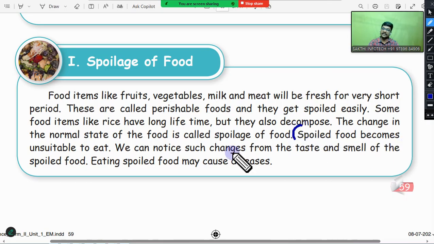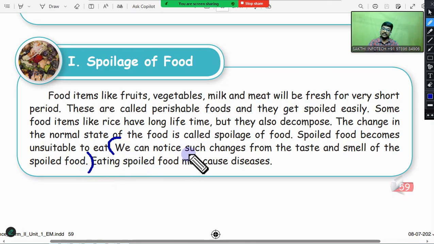Spoiled food becomes unsuitable to eat. We can notice such changes from the taste and the smell of the spoiled food.